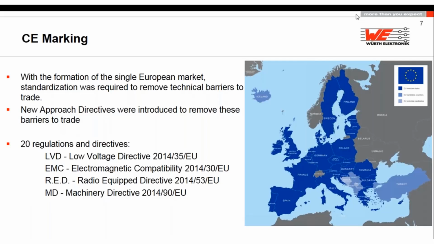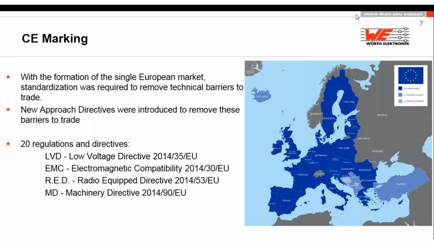So we have different directives, which are right now only valid from the 2014 law. You have to take care if you still use the law from 2004 or 2008, they are no longer valid. Please consult your EMC lab when you're doing a declaration, else you're not compliant.